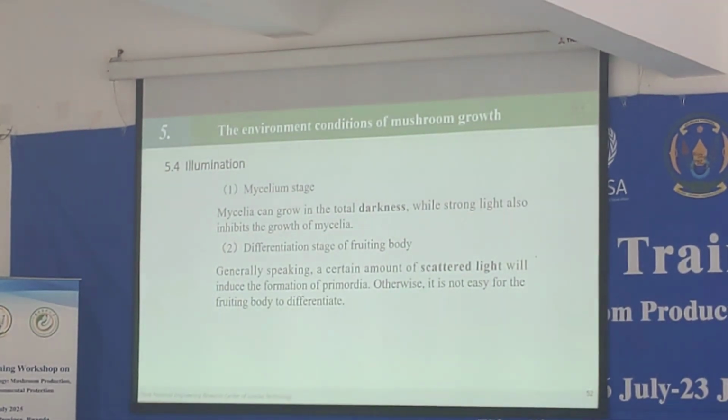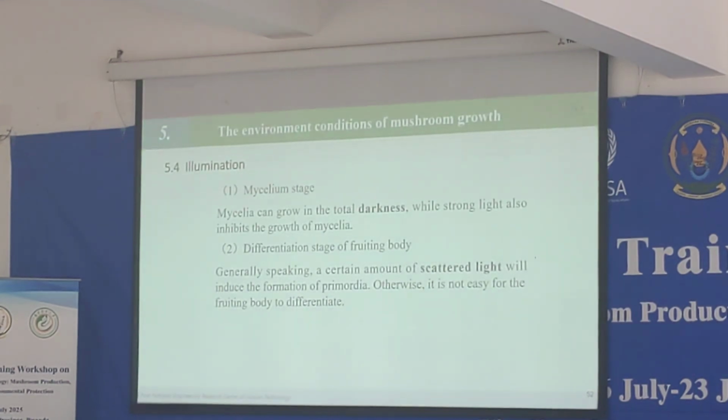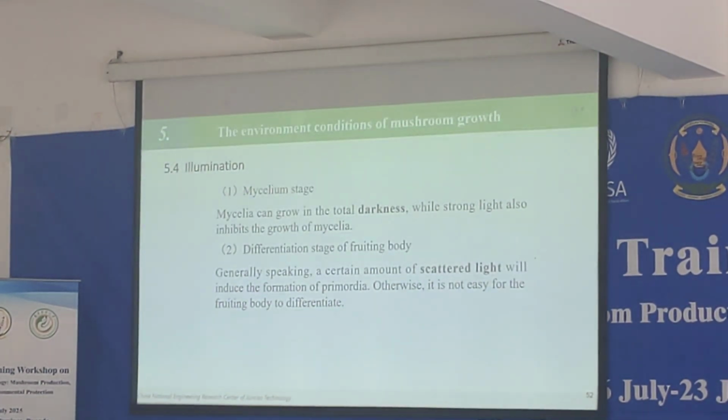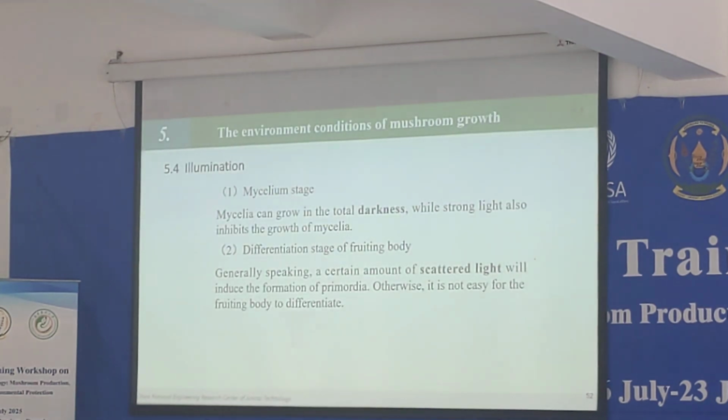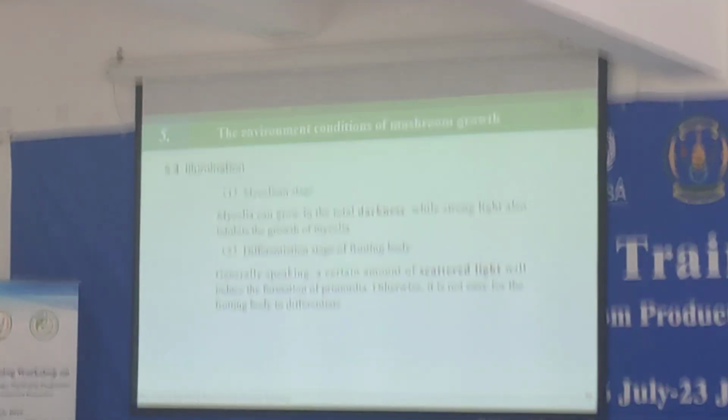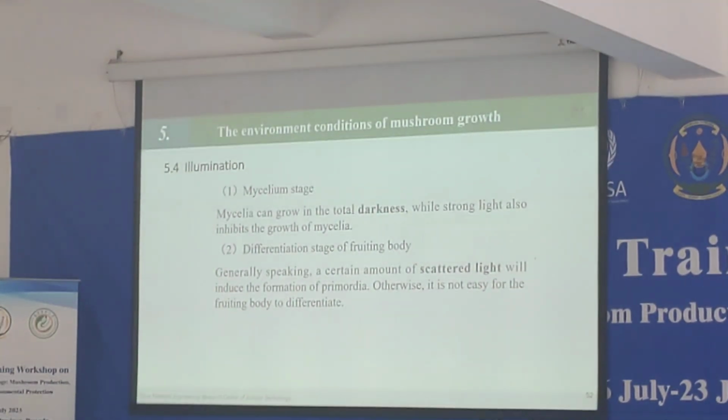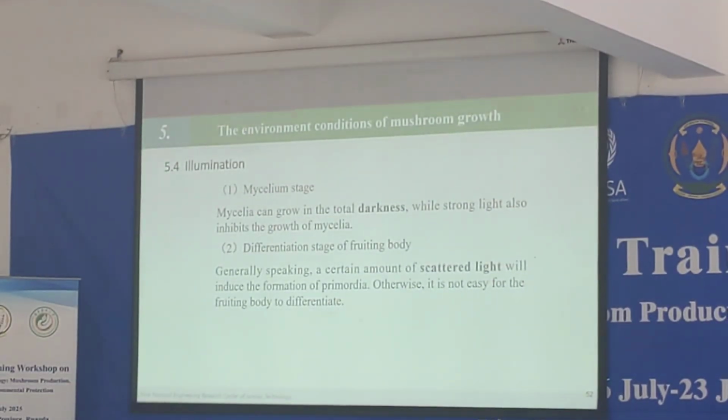But for the fruit body, we need scattered light to induce the formation of primordia, the small mushrooms that become big mushrooms. So what is scattered light? I think just inside this house, or a little dark, is no problem. It's like scattered light, no direct sunlight inside.